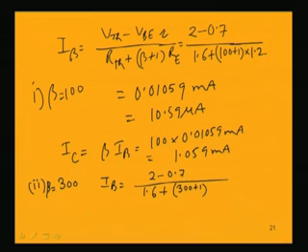Here I am just substituting, V Thevenin is 2, VBE is 0.7, R Thevenin is 1.6 plus beta plus 1, 300 plus 1, into RE which is 1.2 K, and this value is coming out to be 0.003583 milliampere. So, IB is now 3.583 microampere.